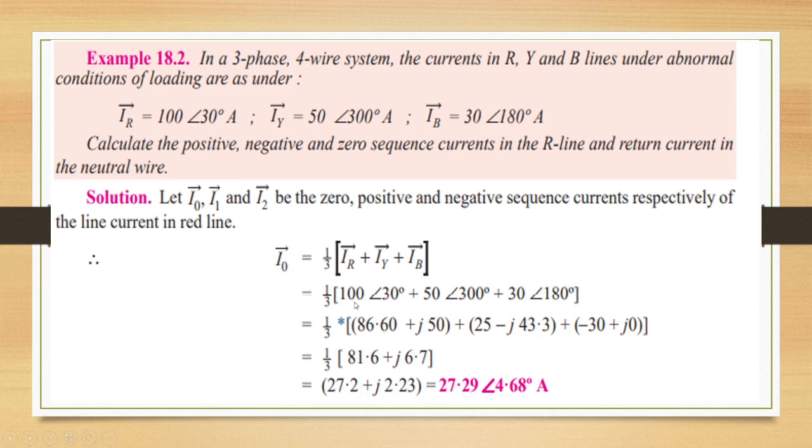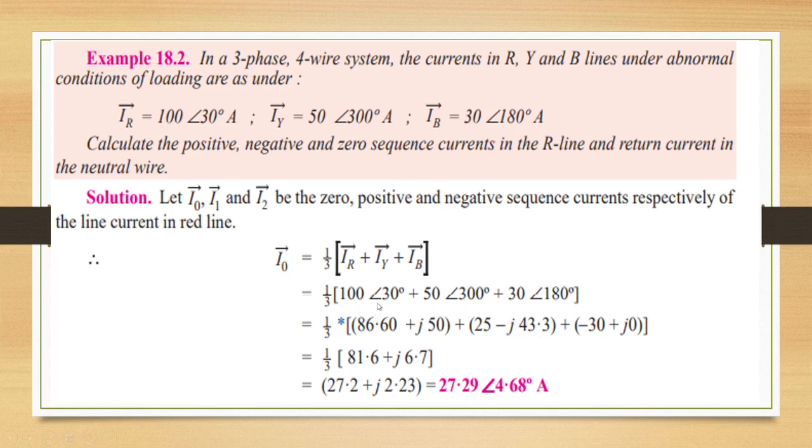Now what we are doing here is converting polar to rectangular, because, as I said many times, addition and subtraction should be done in rectangular form. Multiplication and division should be done in polar form. So we are converting polar to rectangular in the calculator. In the scientific calculator, we have a direct option of converting polar to rectangular and rectangular to polar.